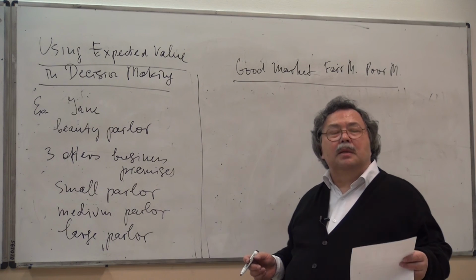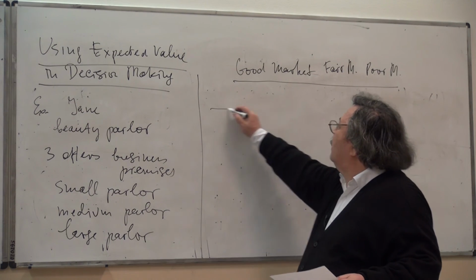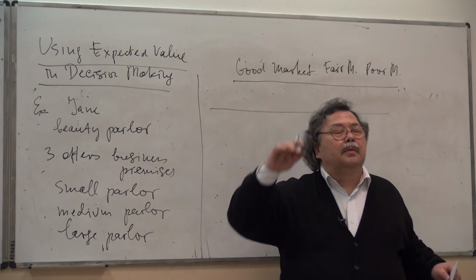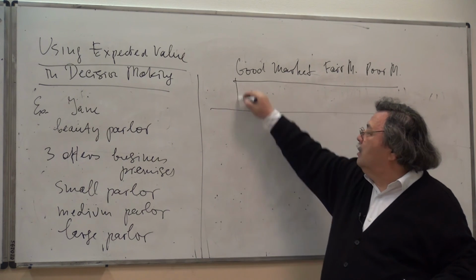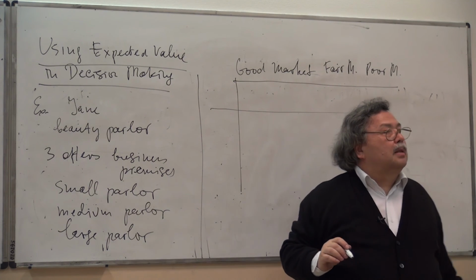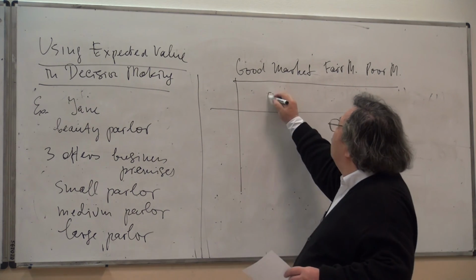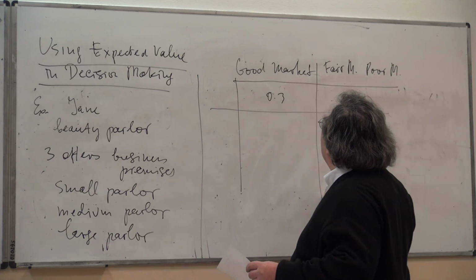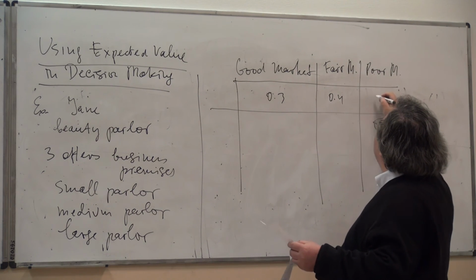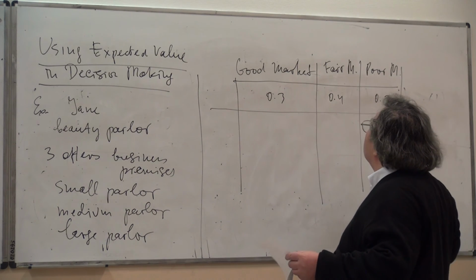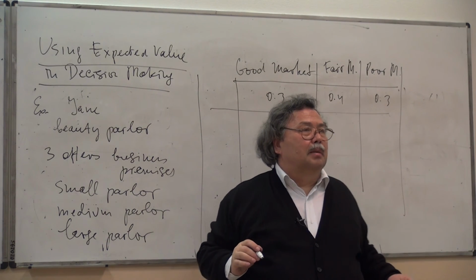But the experts say that in the few coming years, she can expect a good market for this kind of business with probability 0.3, and fair market with probability 0.4, and poor market with probability 0.3. These are expert estimates.